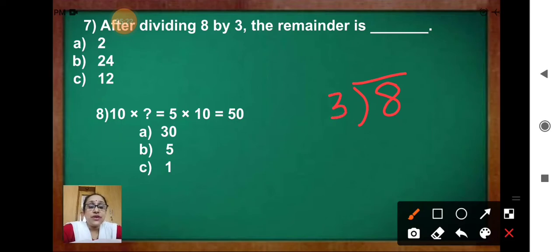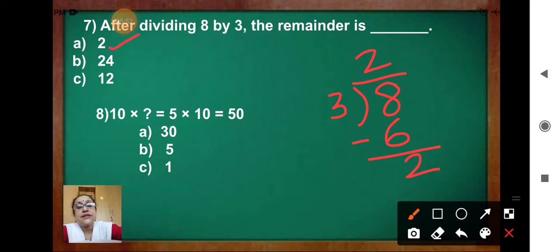Say the tables of 3. 3 ones are 3. 3 twos are 6. 3 threes are 9. So, which number we will take? 3 twos are 6. And here, give the minus sign. Now, subtract 8 minus 6. 2. So, the remainder is, see the options, 2, 24, 12. So, the correct answer is 2.